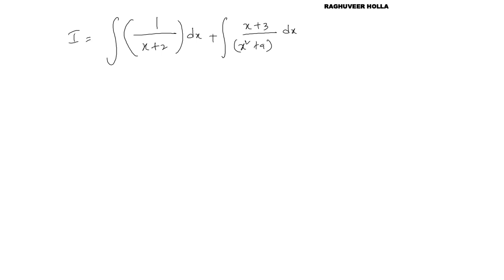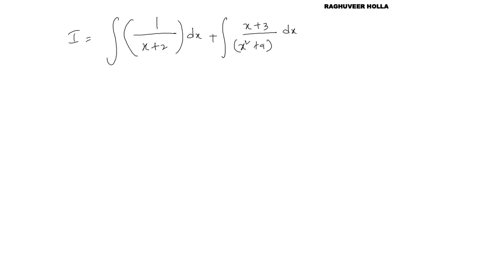Now I is integral 1 by (x + 2), since A is 1, dx, plus integral (x + 3) by (x² + 9), since B is 1 and C is 3, dx.